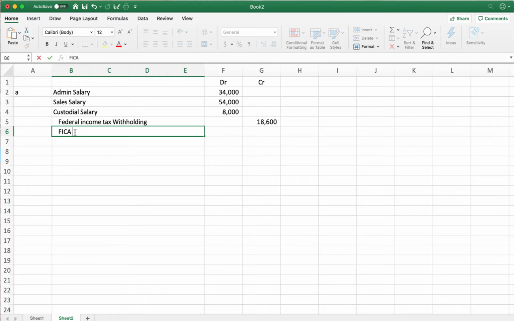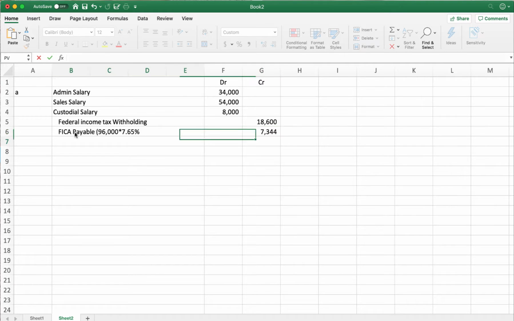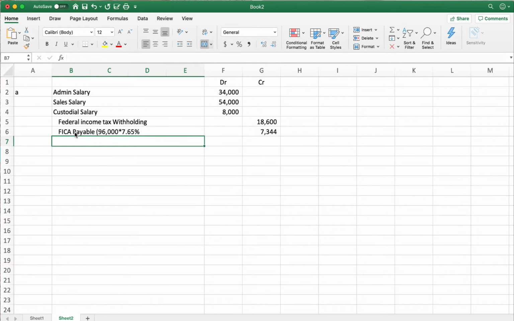Okay? So, to calculate the FICA payable, I'm going to say my total payroll, which is $96,000, times 7.65%, and 96,000 times 0.0765 gives me $7,344.